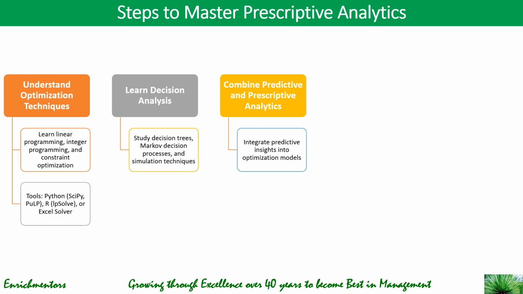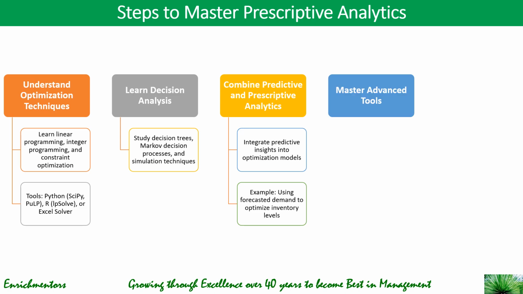For that, you need to integrate the predictive insights into your optimization models, right? So you're building on the predictive analytics that you've done. An example of that would be using the forecasted demand, using predictive analytics, to optimize inventory level. So your decision point is how much inventory should I keep. For that you forecast demand using predictive analytics and then decide using the various tools and techniques that we will take you through.